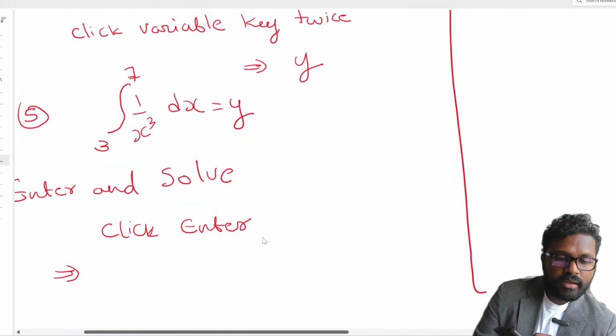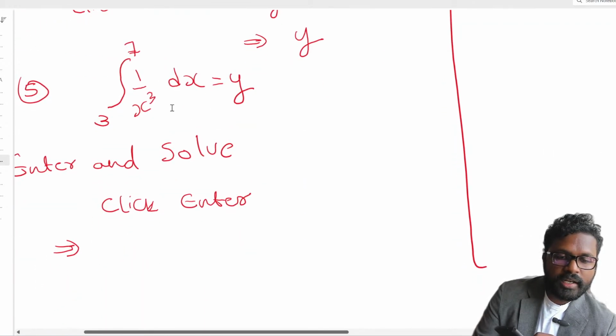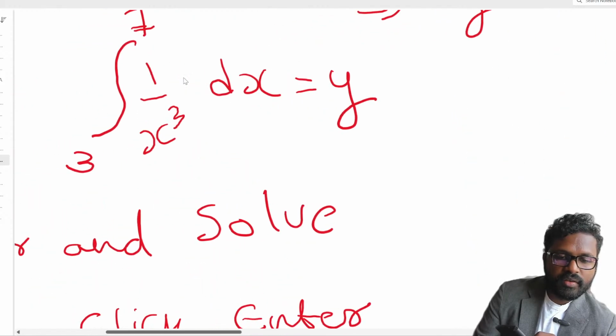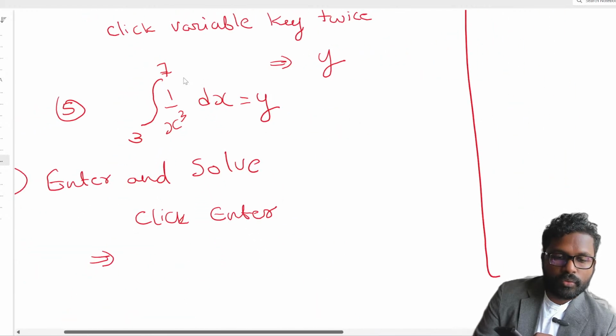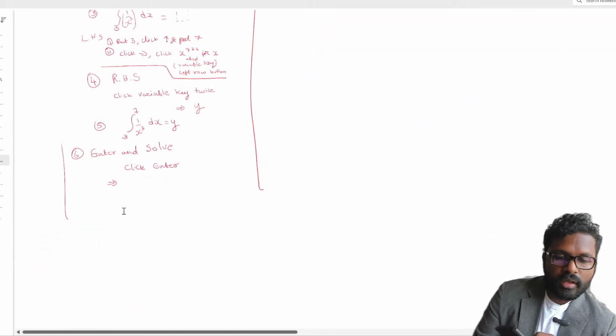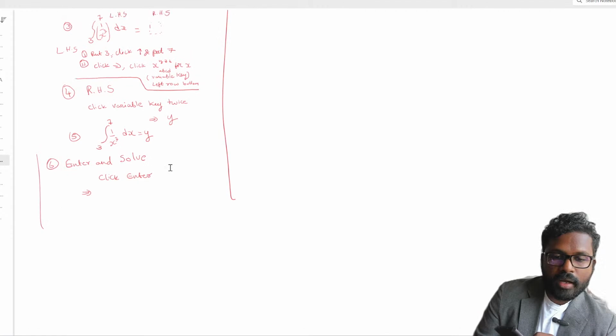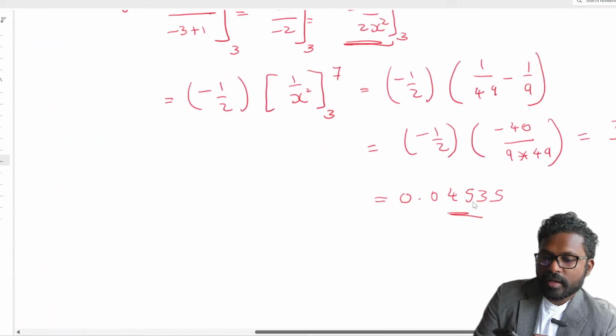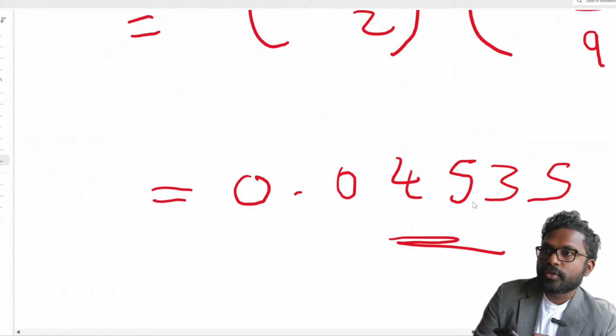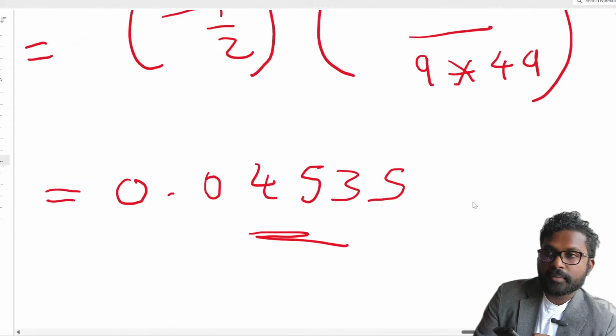Once you put everything on the LHS and RHS, this is how your equation will look on the calculator. You click enter and solve, and it will give you the same answer as you see here, 0.4535.